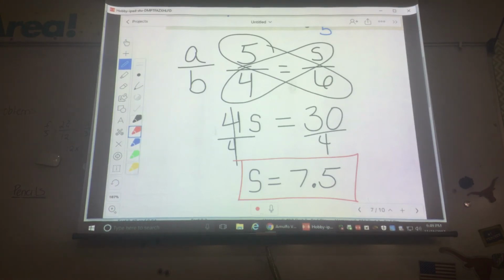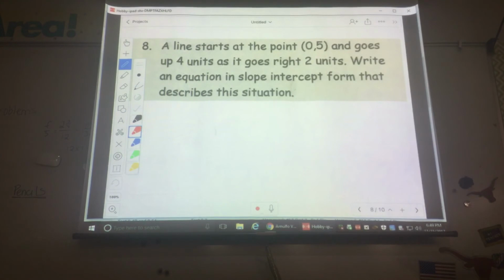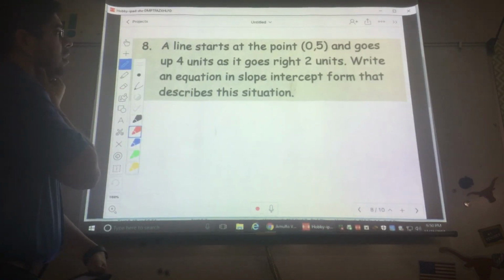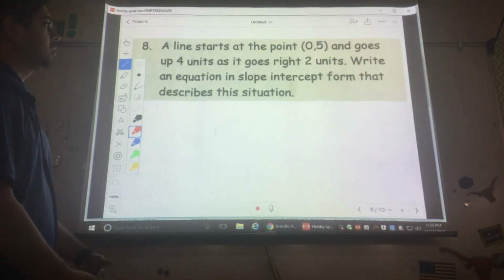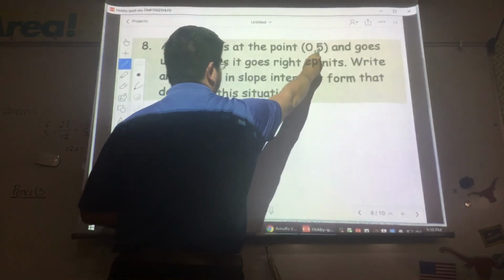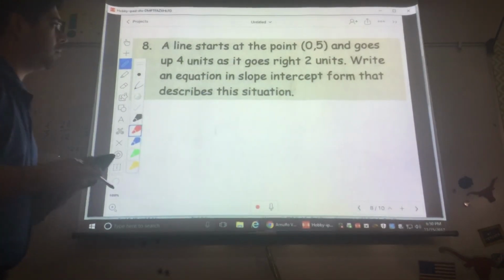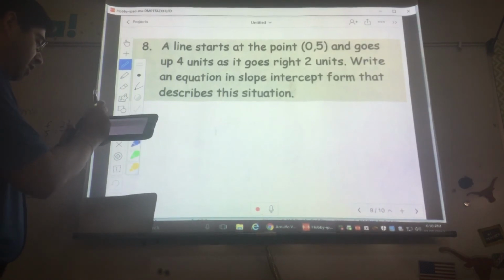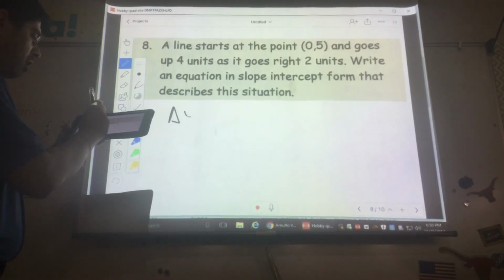Alright. Number 8. A line starts at the point (0, 5) and goes up 4 units as it goes right 2 units. Write an equation in slope-intercept form that describes this situation. So (0, 5), x is 0, so this is my y-intercept of 5. Okay, so if it goes up 4, that is my change in y, sorry.